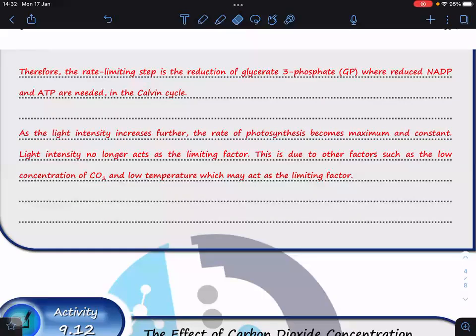When the light intensity is low, we know that the rate limiting step is the reduction of GP to TP. So GP is confirmed high in concentration, TP is confirmed low. So that's why product is low. How about RuBP, high or low? It depends.